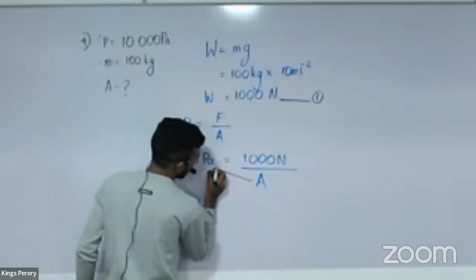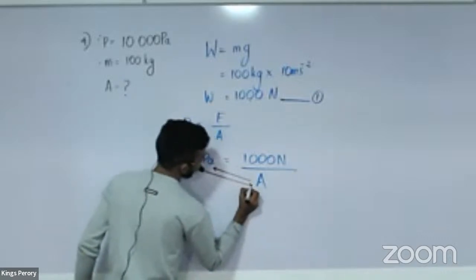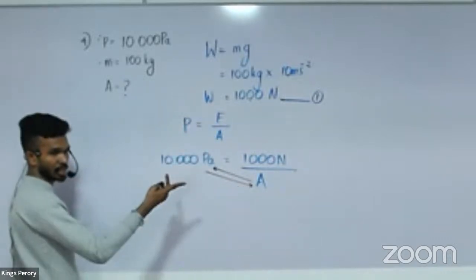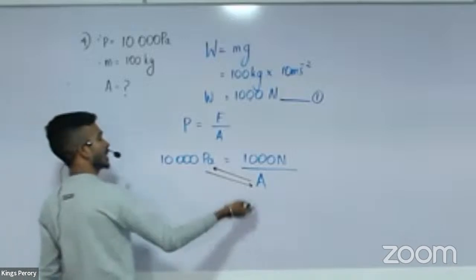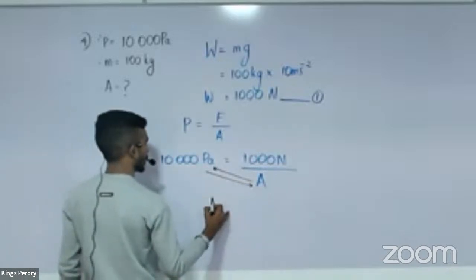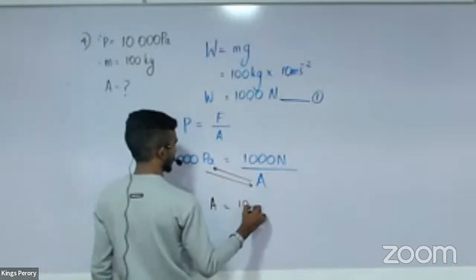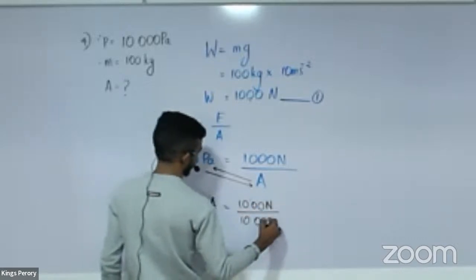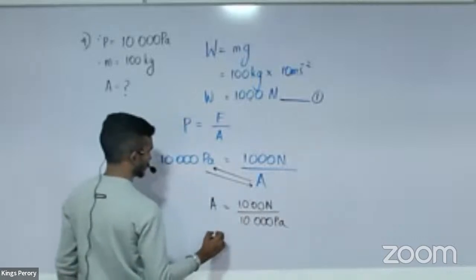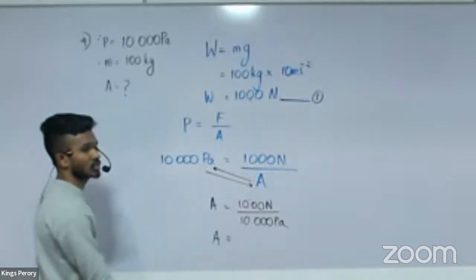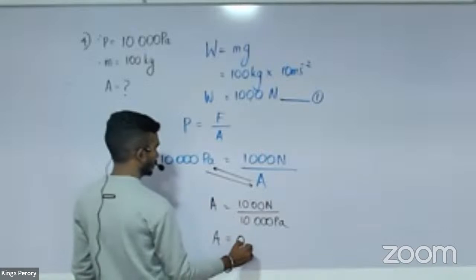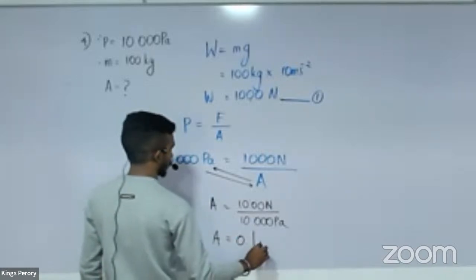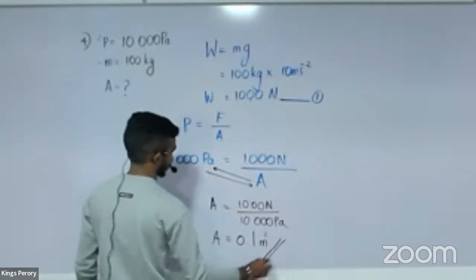Denominator goes to the top, then top comes to the denominator. Cross multiplication, maths you can remember. Take area on top, this on bottom. Now do the question. Area is 1000 Newton divided by 10,000 Pascal. 1000 over 10,000, how much? 0.1. What's the unit? Meter squared. That's your answer.